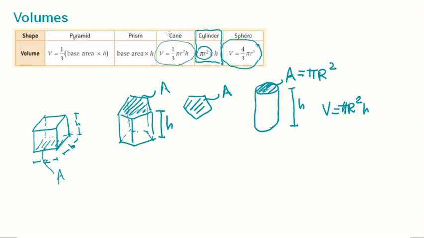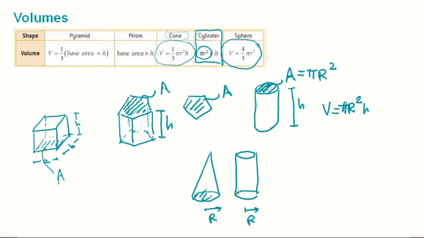For example, if you compare the volume of a cone and the volume of a cylinder, let's say they have the same radius r. So the base here is basically the same. Comparing those two, we can clearly see pi r squared h, pi r squared h.